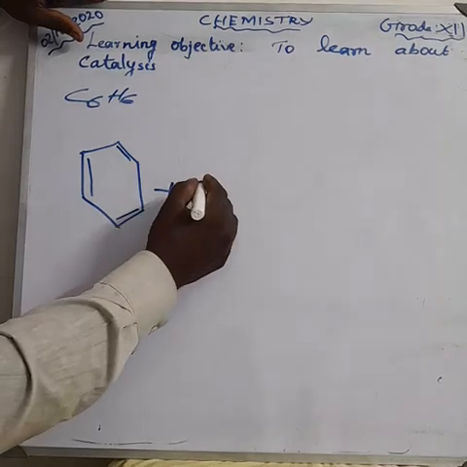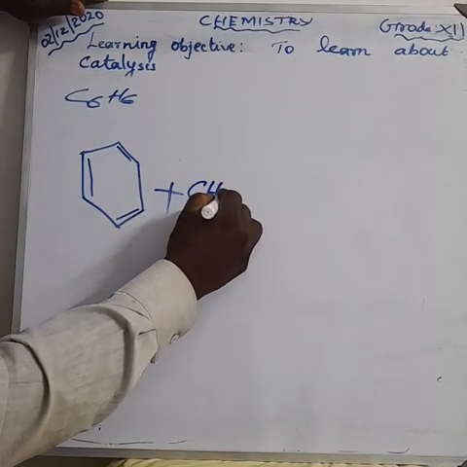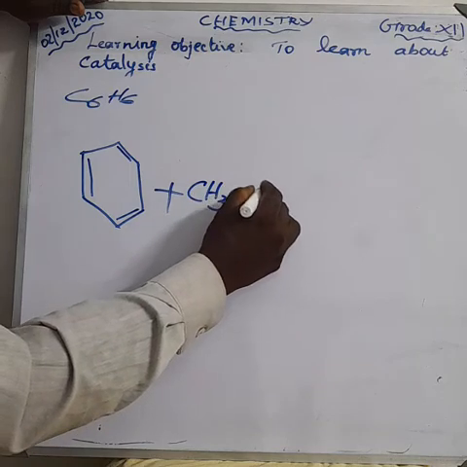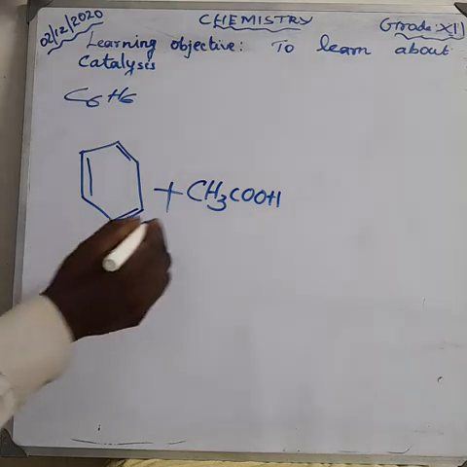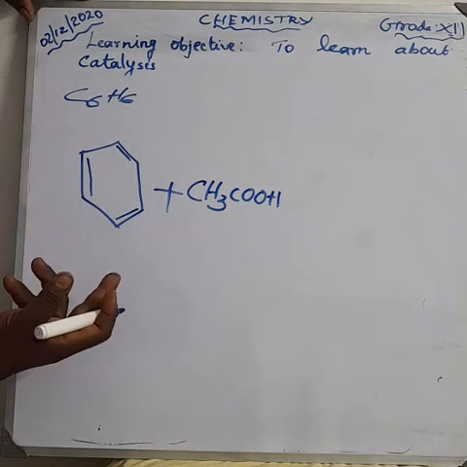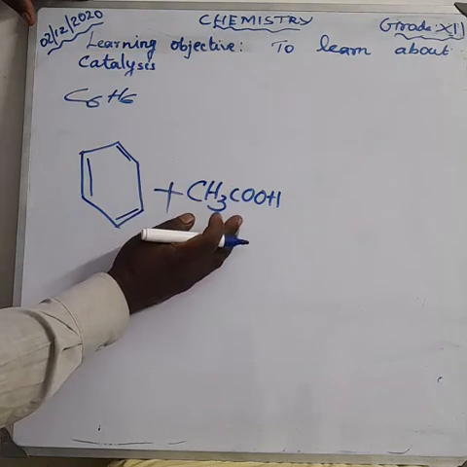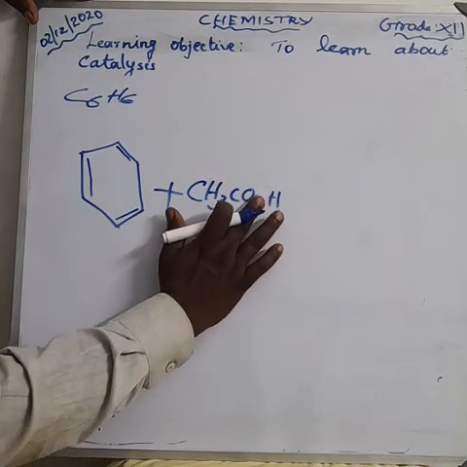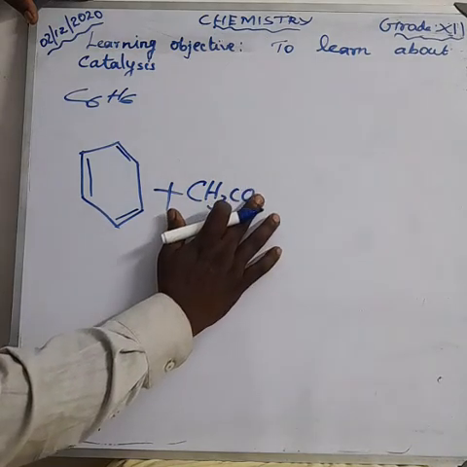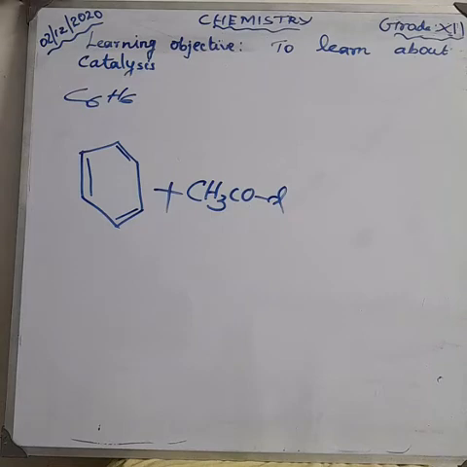Acetyl chloride means, what is the formula for acetic acid? CH3COOH, acetic acid. In the presence of anhydrous aluminum chloride. Here we need not acetic acid, we need acetyl chloride. So replacement of OH by adding Cl. So the name of the compound is acetyl chloride.